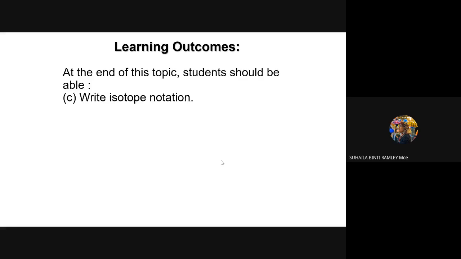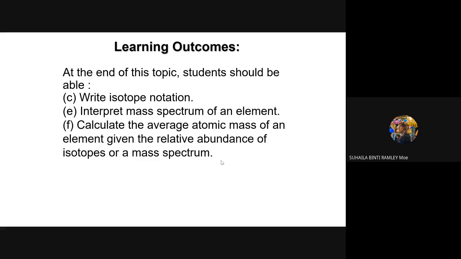For 1.1, the learning outcome, what you should know after this lecture: you should be able to write isotope notation, interpret mass spectrum, and calculate average atomic mass and also relative atomic mass.